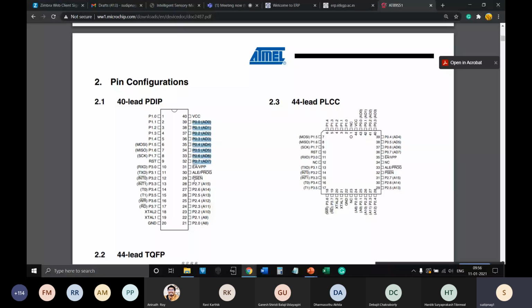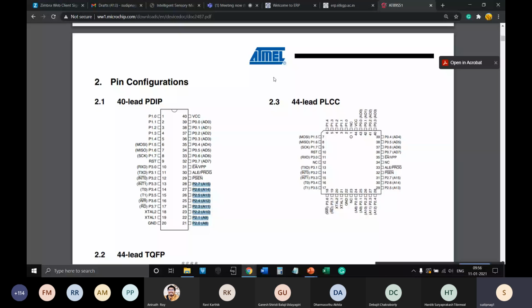Generally I talk about port 0.7 to port 0.0, 1.7 to 1.0, because that's the standard way of representing the pins. This pin configuration is designed and defined by the manufacturer, in this case Atmel.